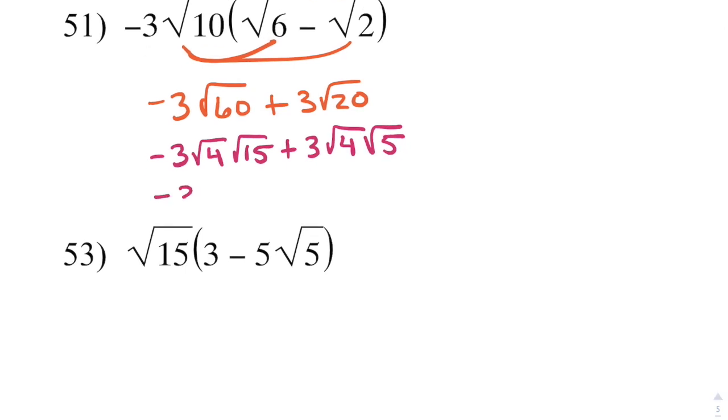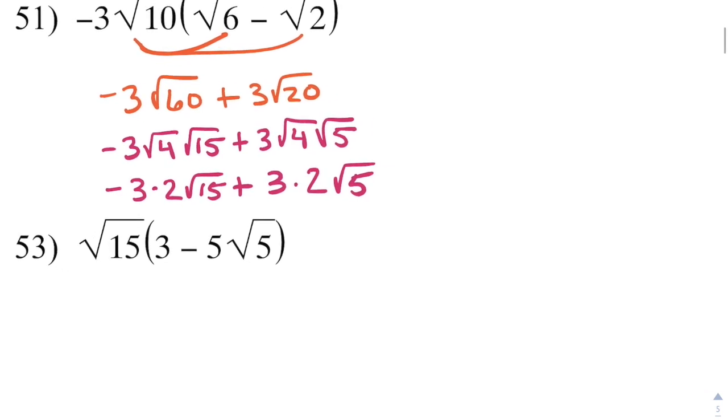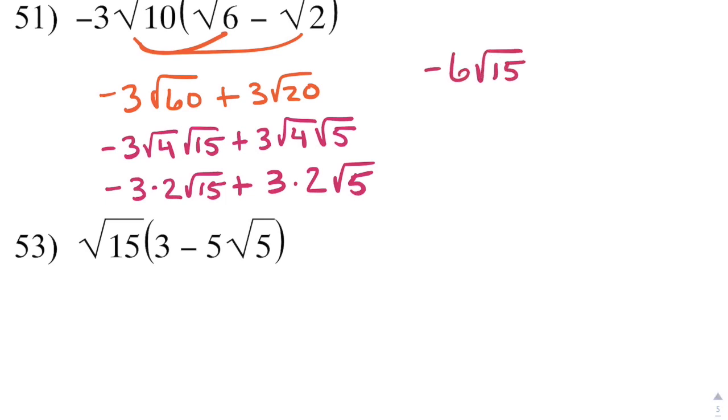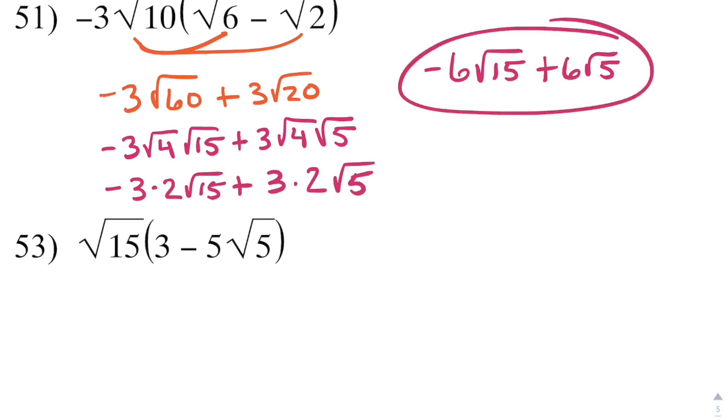So this ends up being negative 3 times 2 square roots of 15 plus 3 square roots of 2. I'm sorry. Square root of 4 is 2. Don't make that mistake. Square root of 4 is 2, not the square root of 2. If you kept doing that, you would just keep going down and down until you got something where you couldn't find the square root of it. So I get negative 6 square root of 15 plus 6 square roots of 5. And I am done. Can't combine.